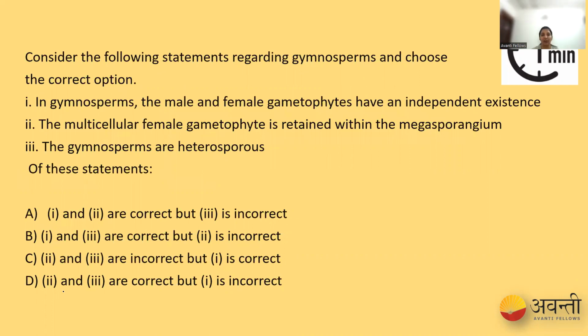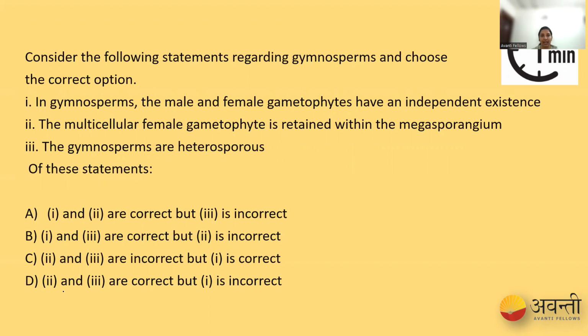Next one, consider the following statements regarding gymnosperms and choose the correct option. First, in gymnosperms, the male and female gametophytes have independent existence. Second, the multicellular female gametophyte is retained within the megasporangium. Third, the gymnosperms are heterosporous.